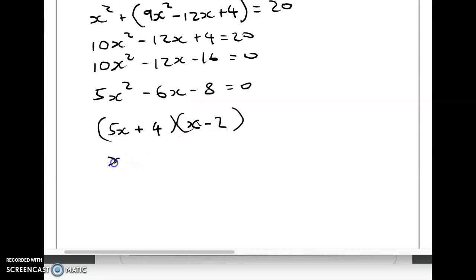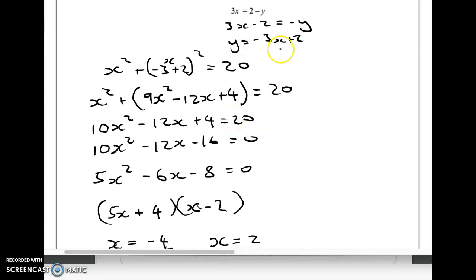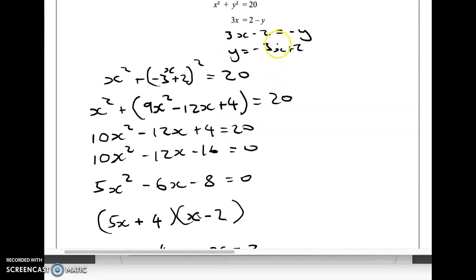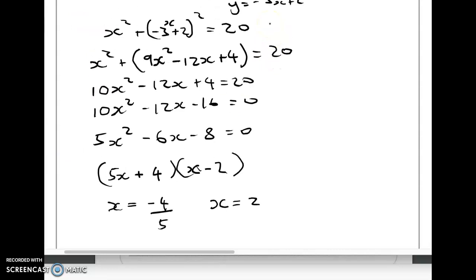So x equals minus 4 over 5 and x equals 2. When x equals minus 4 over 5, you're going to get minus 3 times minus 4 is positive 12 over 5 plus 2. So let me just write it up here.